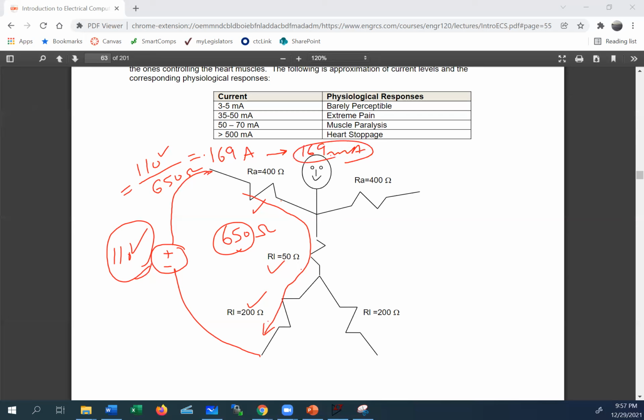So if you look at it, and I go back to this table, I'm falling somewhere in the range above muscle paralysis and heart stopping, and of course not a good place to be. If you have a weak heart, you might have a heart attack. If you have a strong heart, you're just going to have a really painful experience. So the moral of the story is don't stick your finger in the wall.